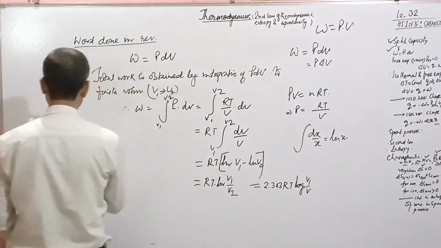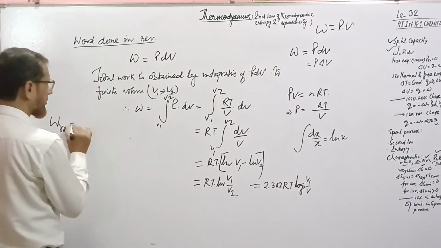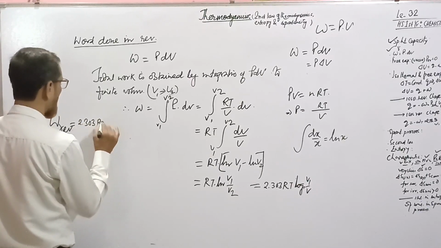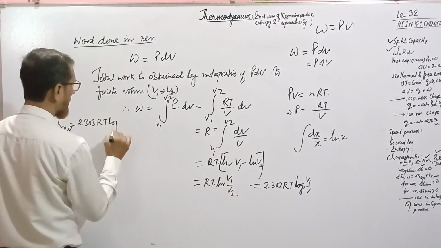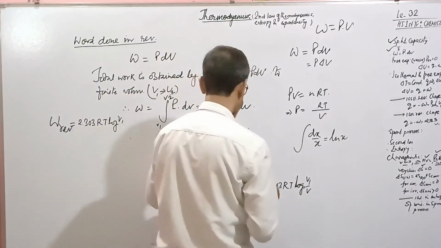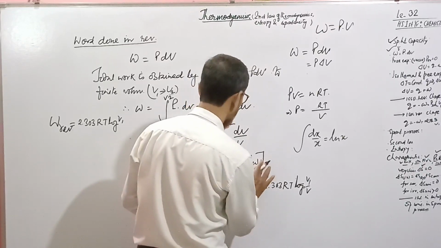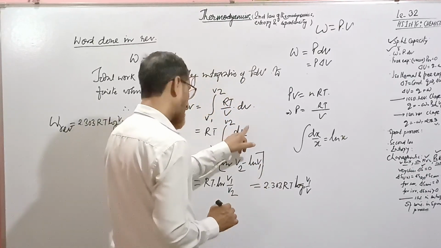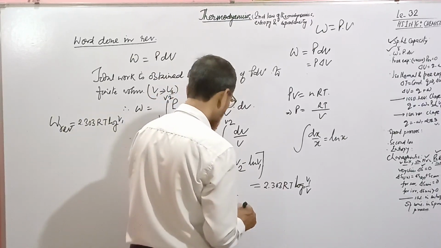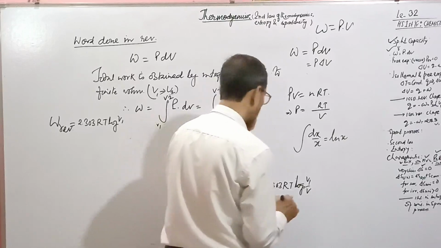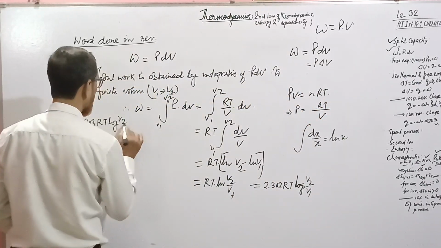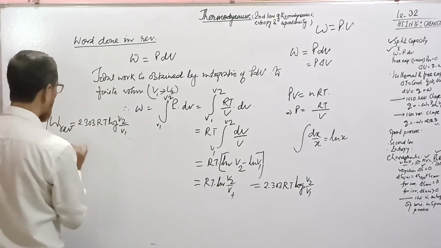So for the reversible process, W reversible is equal to 2.303 RT log V2 by V1, where V2 is the upper value and V1 is the lower value. So we get V2 by V1.